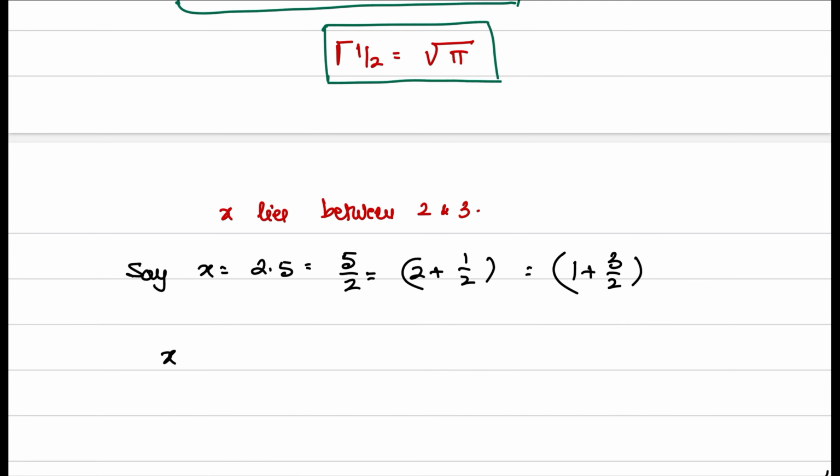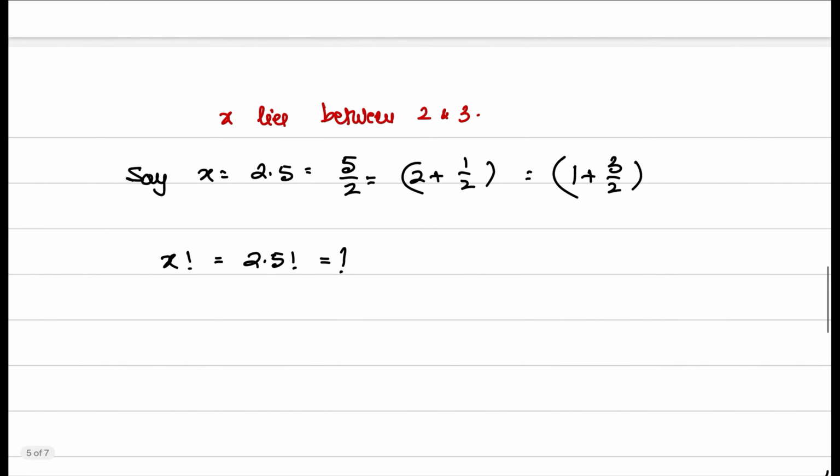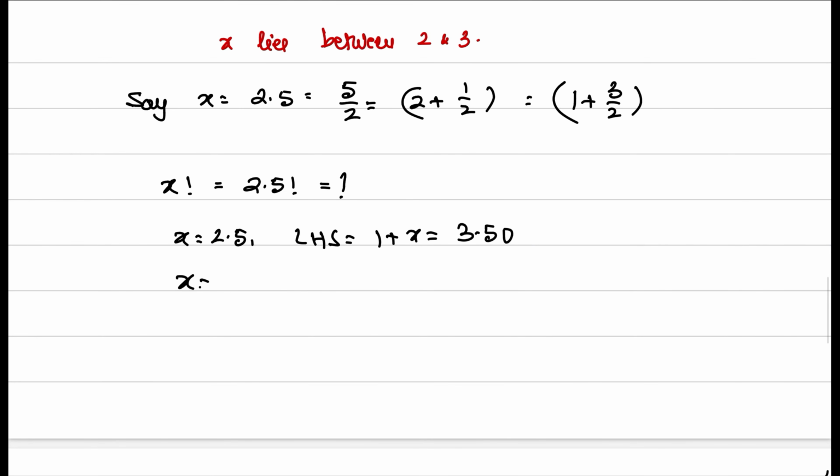Then by using the gamma function definition and its properties, factorial x is equal to factorial 2.5, which is equal to how much? That we have to find out. When x is equal to 2.5, left hand side is equal to 1 plus x is equal to 3.5. When x is equal to 2.5, right hand side is equal to 2.5 factorial, which we are supposed to find out.